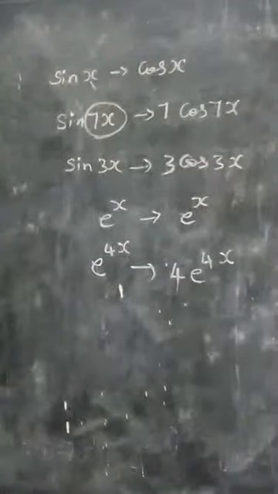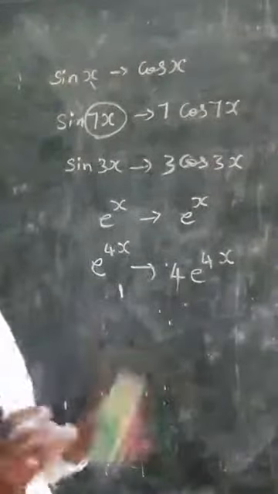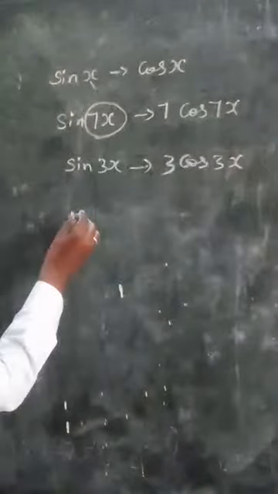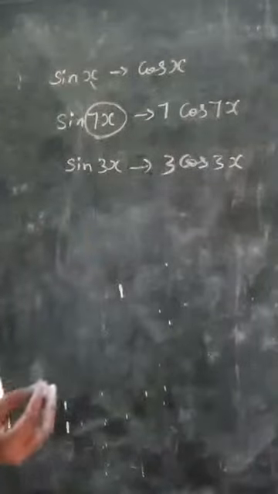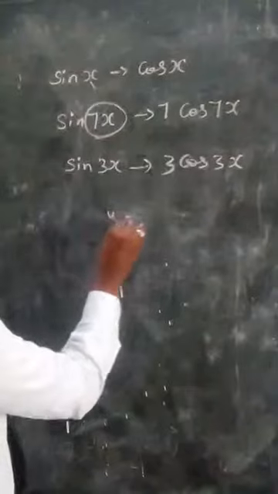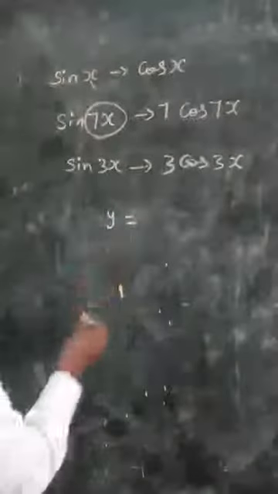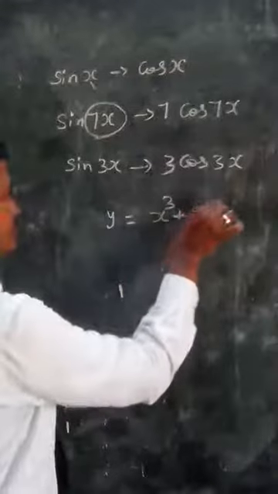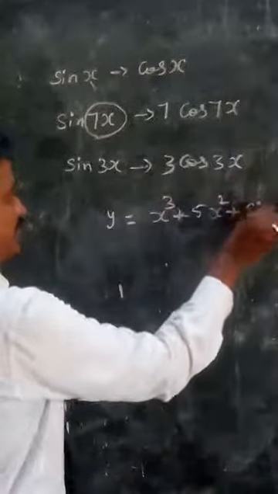So similarly, in all cases, we have to do like that only. For example, suppose I have a mixed number of terms. Now we will go for a simple problem. Let a function be given to us: y is equal to x cube plus 5x square plus sin x.